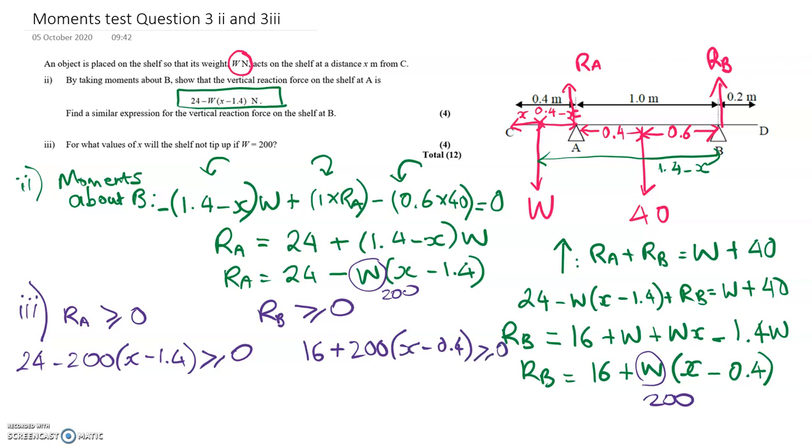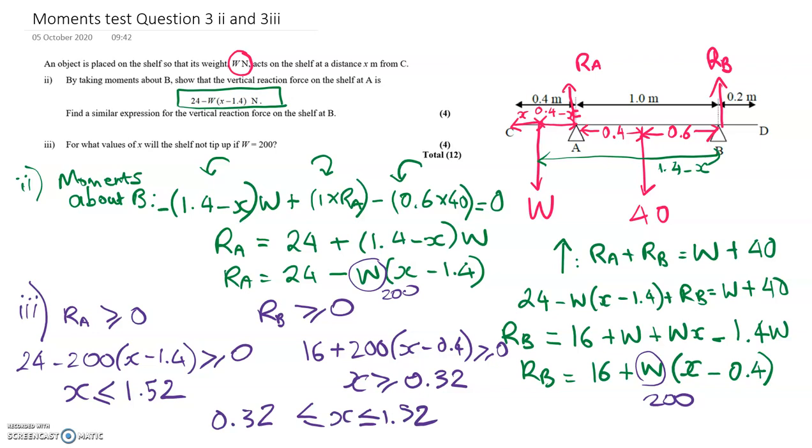And this is just a matter of rearranging the inequality. So when you do that, you end up with x less than or equal to 1.52 and x greater than or equal to 0.32. So x has to be in between and including those two values. So I'll just write that as one inequality. And that's your final answer.